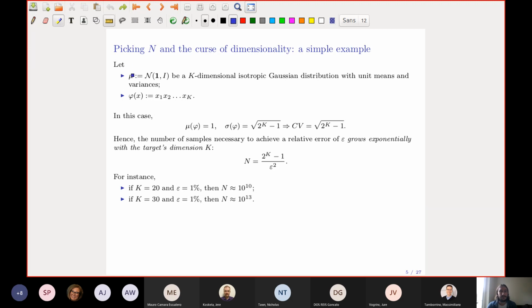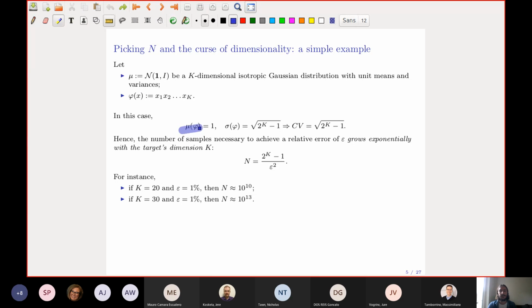For the target, we pick a k-dimensional isotropic Gaussian with unit means and variances. So the covariance matrix is identity, and the vector of means is the vector of ones. And then for the test function, we pick this thing here that just takes the product of the components of its argument.